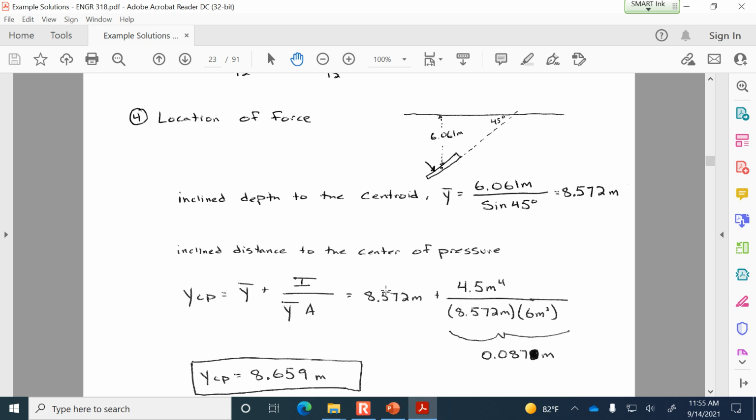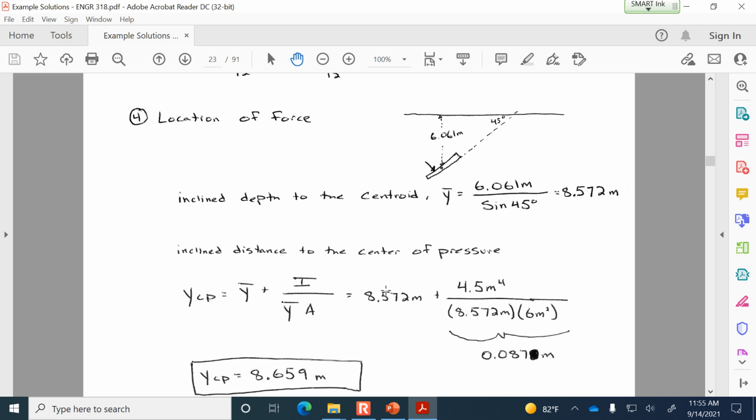Here's the water. We've got this inclined plate. What we determined so far was that the vertical distance to the center is 6.061 meters, that was delta H. Now what we want to know is the YCP.